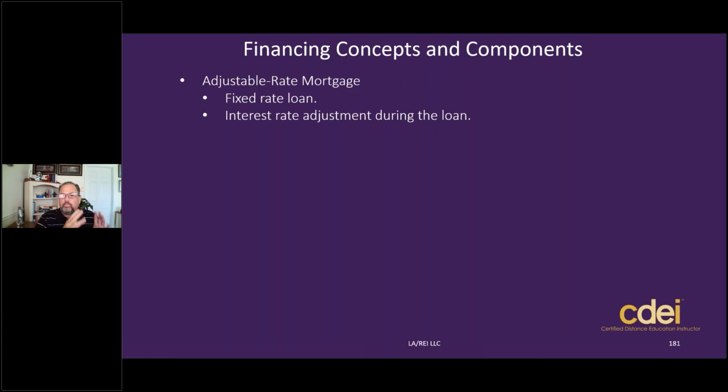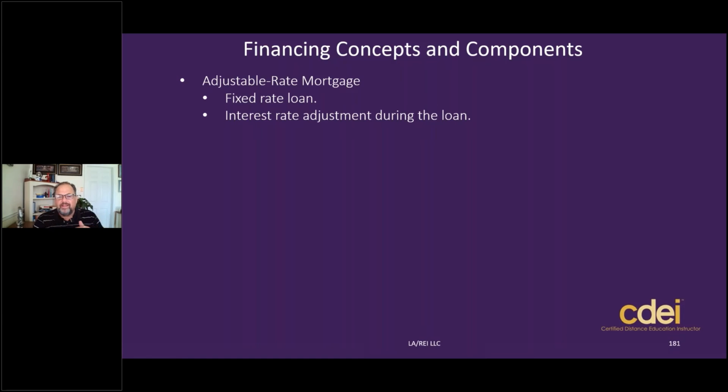That's the whole concept of this financial product. The interest rates will adjust. So if I got a 3-year ARM, my interest rates could adjust up or down every 3 years through a 30-year loan. So my payments could be going up and down throughout the term of the loan due to the interest rates adjusting.